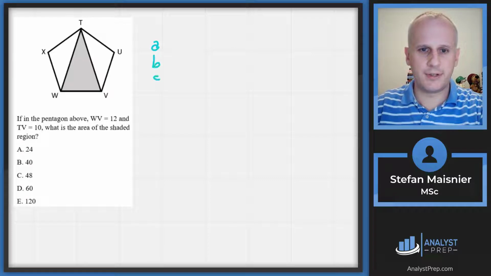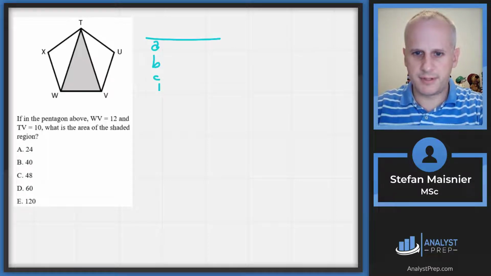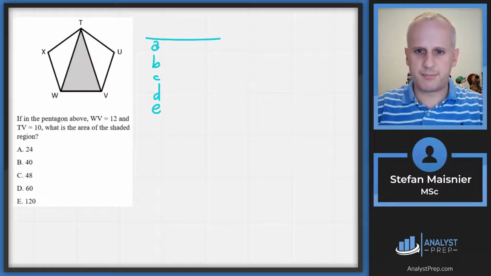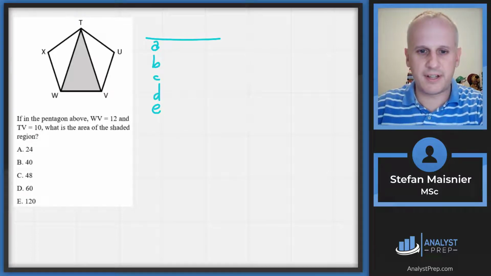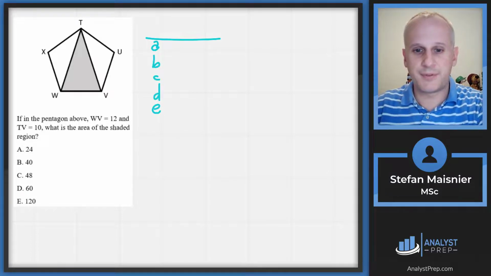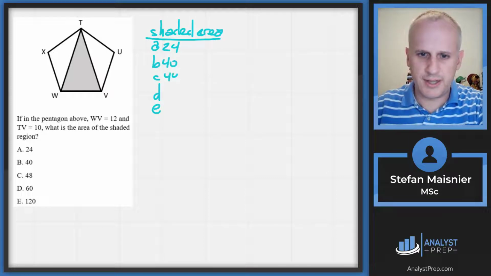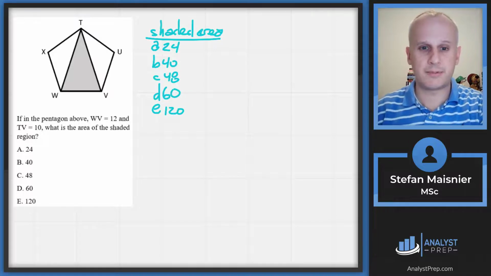And as always, we just set up our scratch pad, got A, B, C, D, E here. Set up the line over top to put where we are looking to place our sought value. So we skip to the end. We're being asked for the area of the shaded region. So shaded area, and we got 24, 40, 48, 60, and 120 as our possible answers.